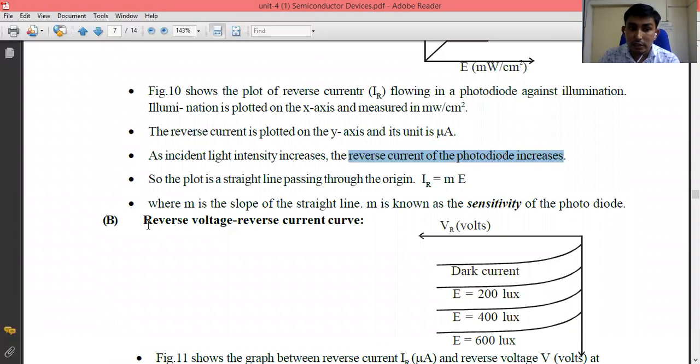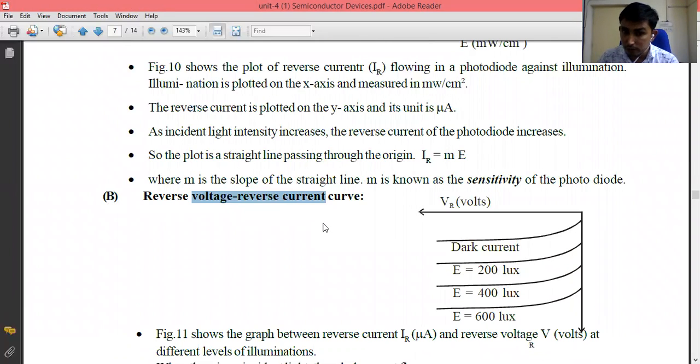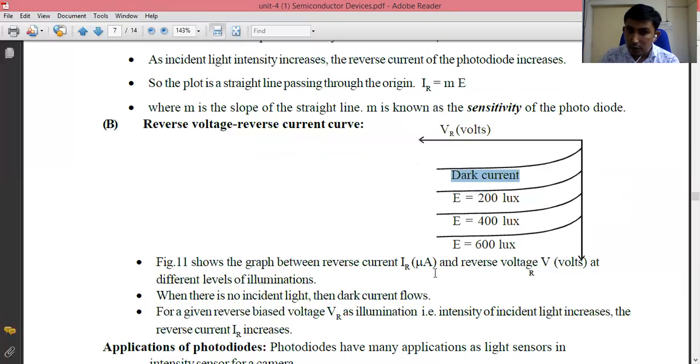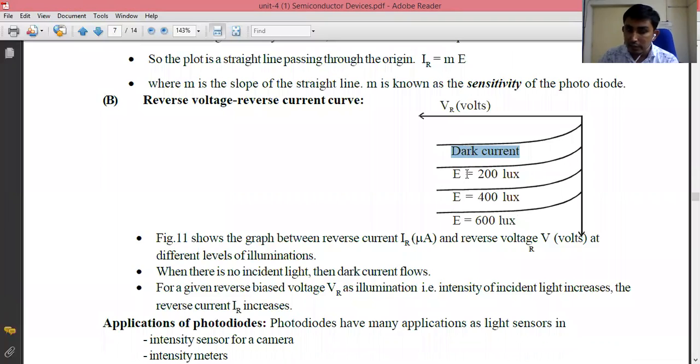Another characteristic is the characteristic between reverse voltage and reverse current at constant illumination. It has two currents: one is the dark current, and another is the saturation current. Whenever no light is incident, the dark current will flow.